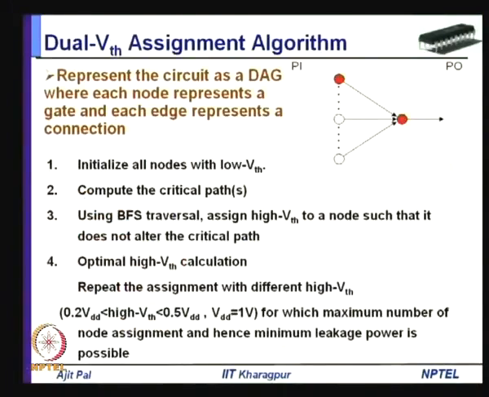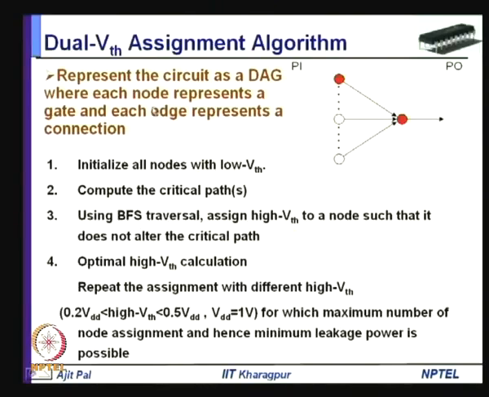So, what you can do is use a heuristic based algorithm, that was what was done by Kaushik Roy and his group, and this is the basic algorithm. Initialize all gates with low VTH. First you have to represent the circuit as a directed acyclic graph, that means each node will represent a gate and each edge will represent an interconnection between the gates.